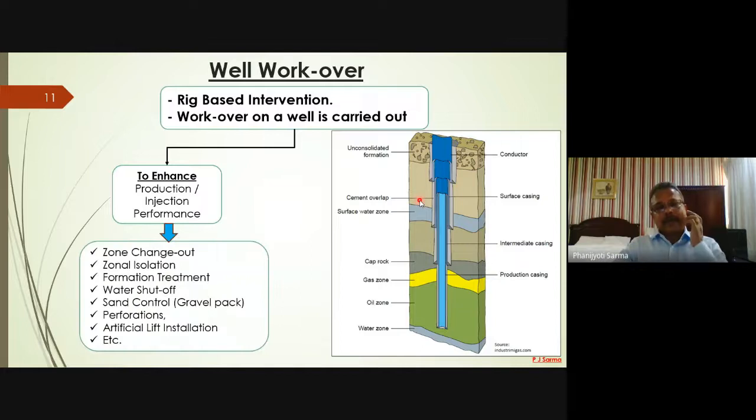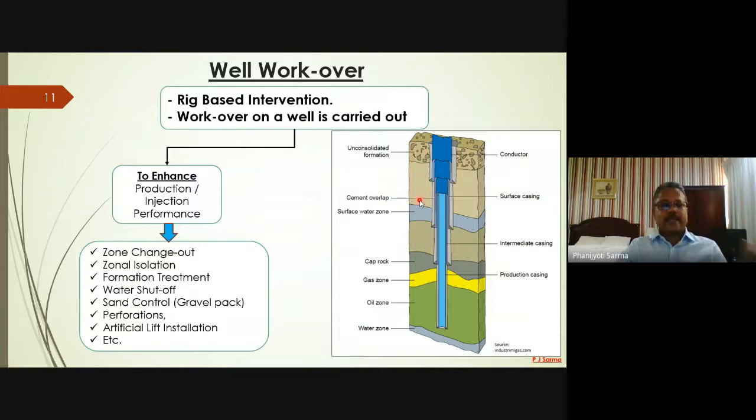A few of the well workover types could be zonal isolation. If we have to isolate a certain zone because of low production or water ingression or some other reason, then we need to isolate the zones if there are multiple zones completed against this well.